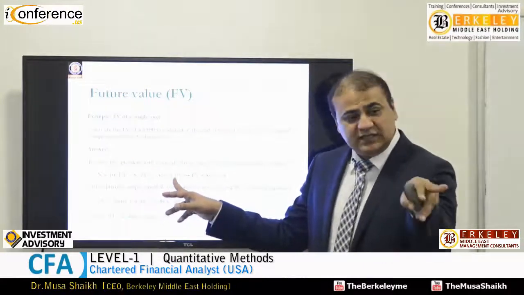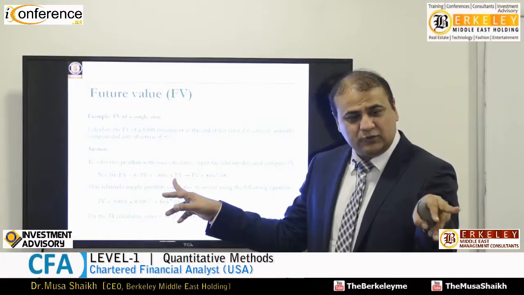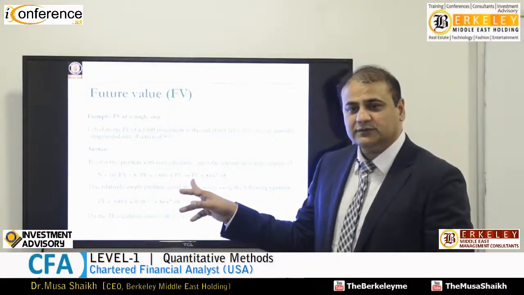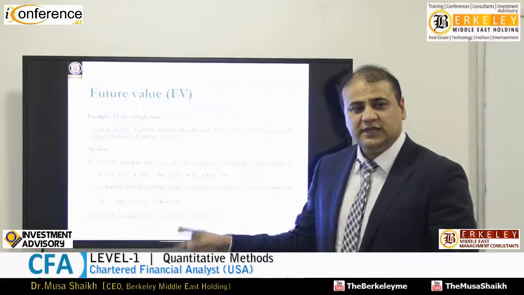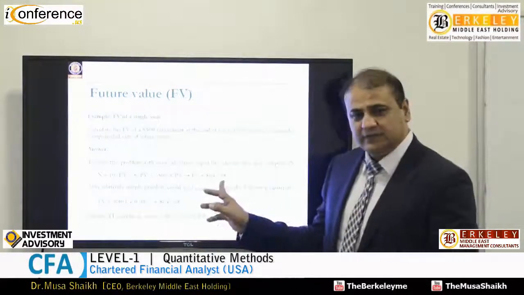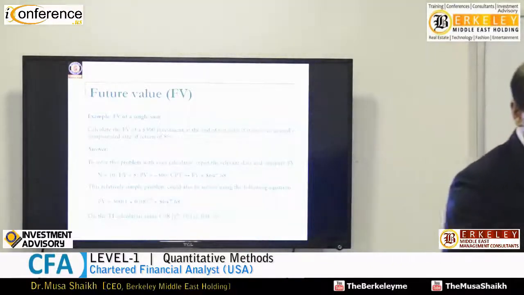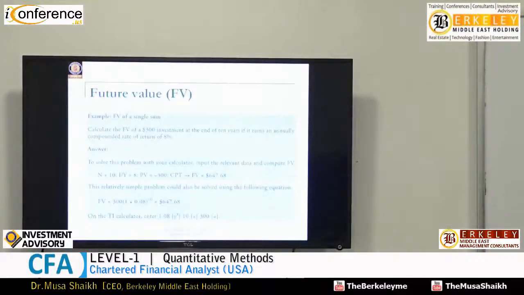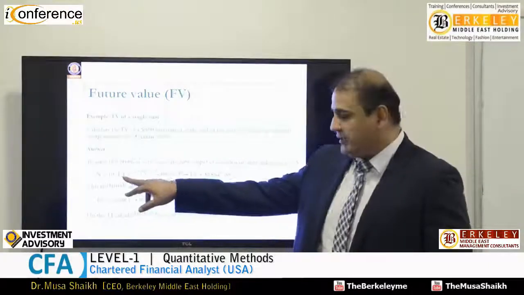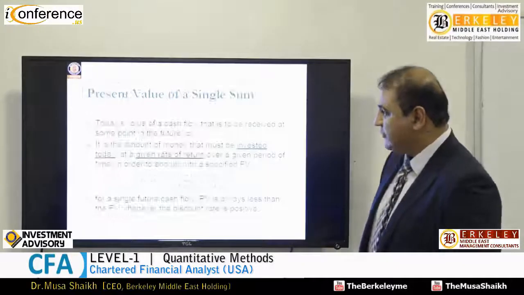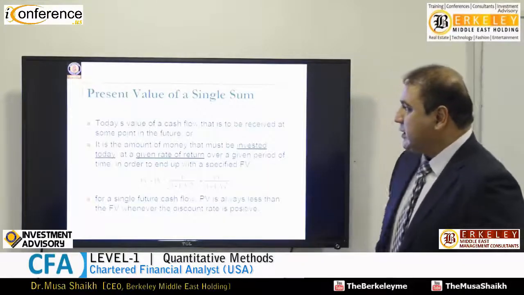Then press the CPT button, which is the top most on the left side, and press the future value button. See if it is giving you the same. If not, then there is an entering issue, because minus 300 is required. Here n is equal to 10, I is 8, and we get the future value. Okay, present value of a single sum.